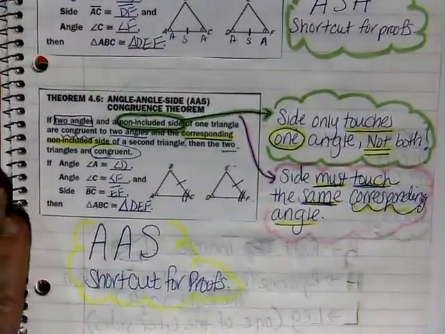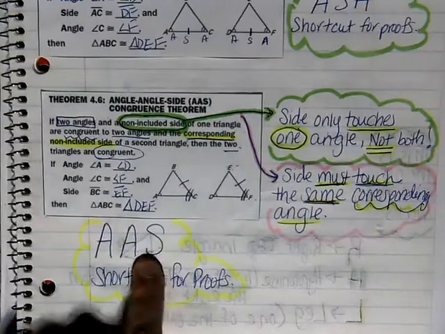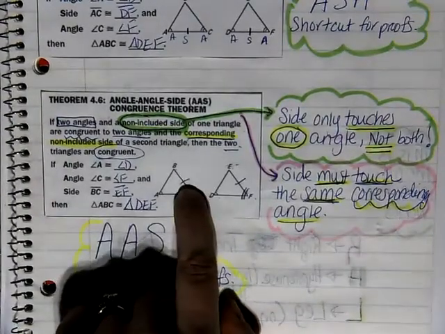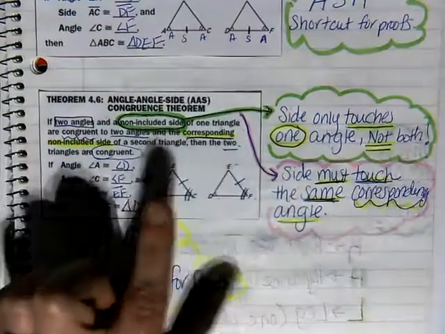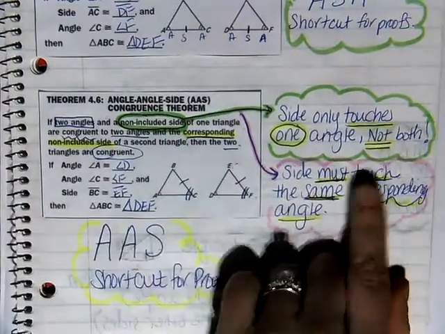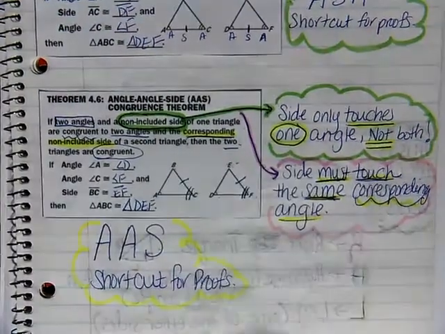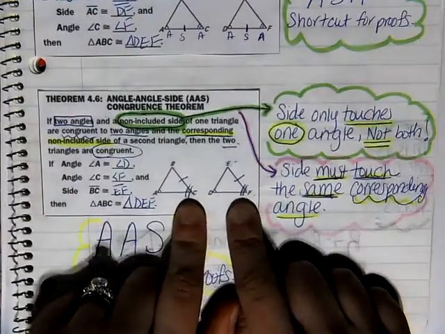Angle side angle means that we are talking about two angles, but the side that we're talking about is a side that only touches one of the angles, not both. And on top of that, those sides must be matching or corresponding sides that are touching the same exact type of angle.